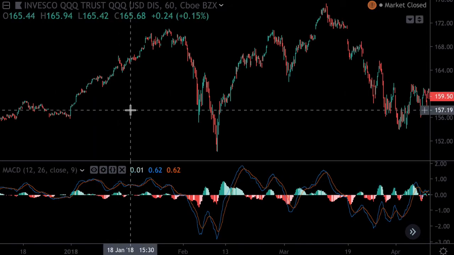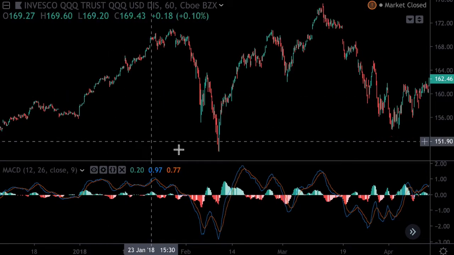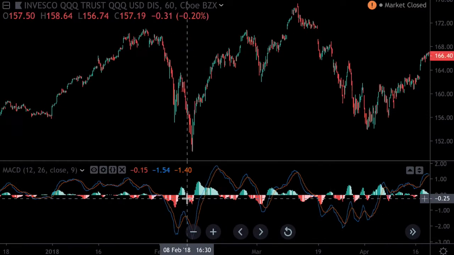And I'm going to show you on the daily chart that you get much cleaner crossovers.